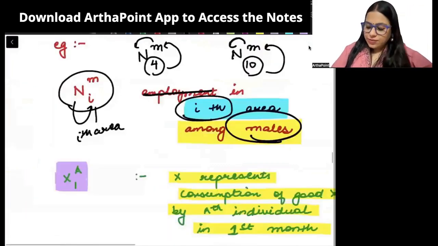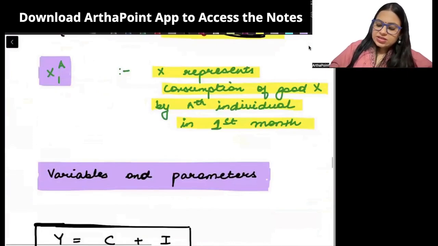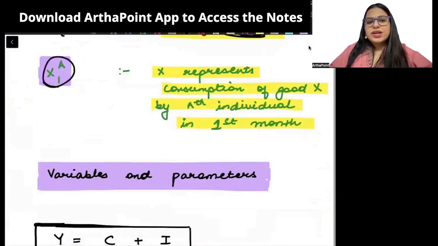Okay, okay. Now similarly I have taken this example beta. So this is X_1^A.